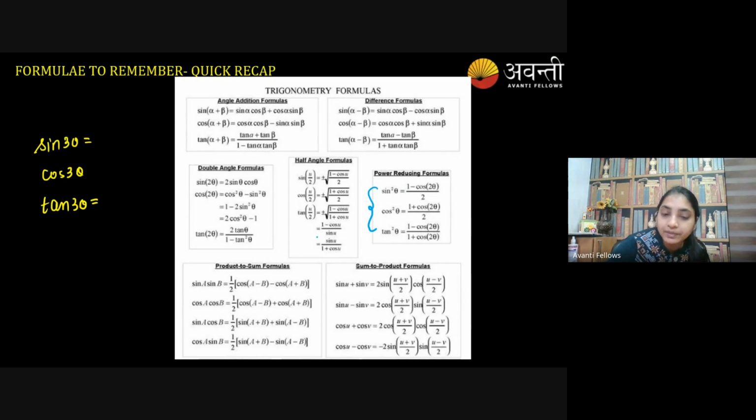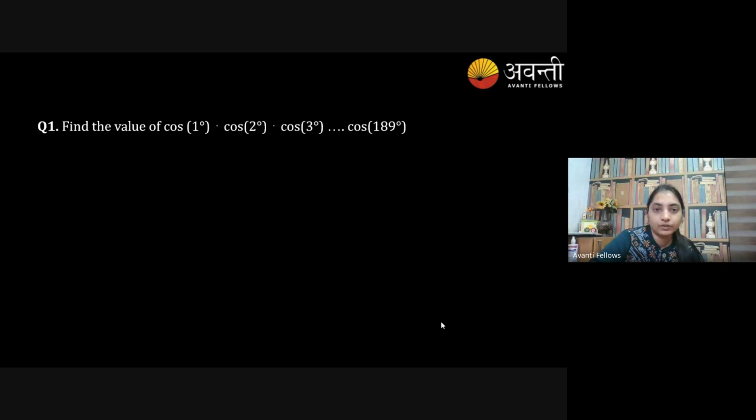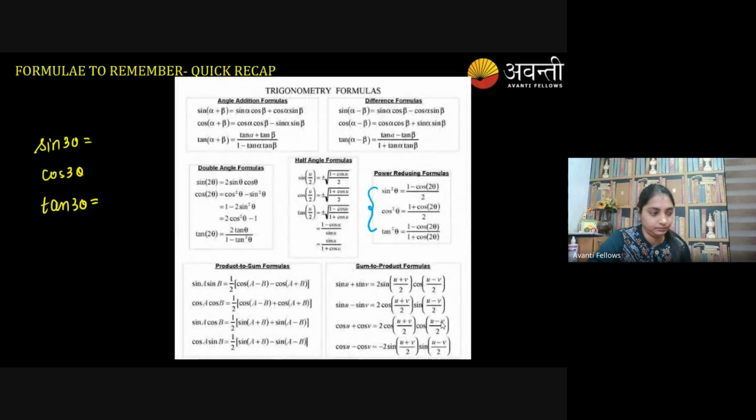Then product to sum and sum to product. These were the major formulas you covered in all the 3 sessions. Agree? Okay, so there is a first question for you. Any query till there in any formula?